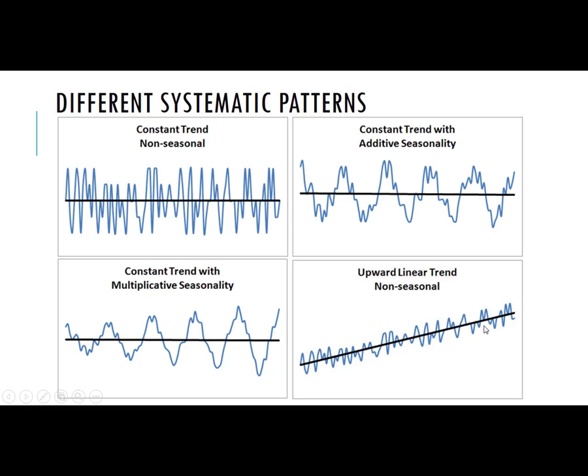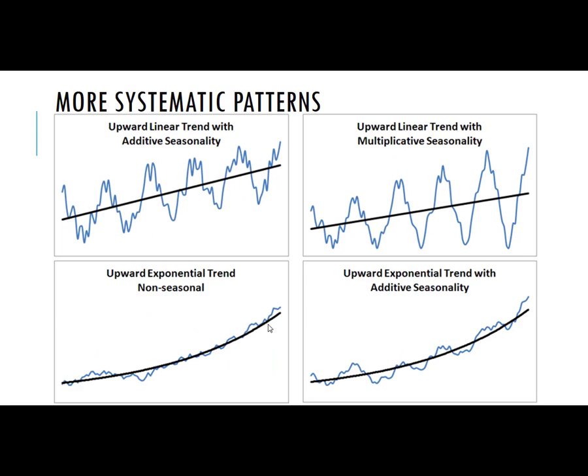That's just the noise around it. So we have just an upward trend there, no seasonality. We could have upward trend with additive seasonality, so the peaks and valleys are about the same distance apart every time. Upward trend with multiplicative seasonality, where the peaks and valleys get bigger as we go out.